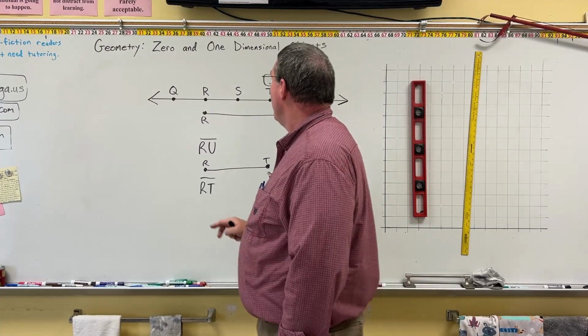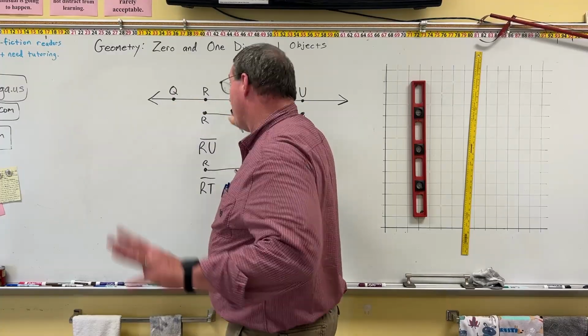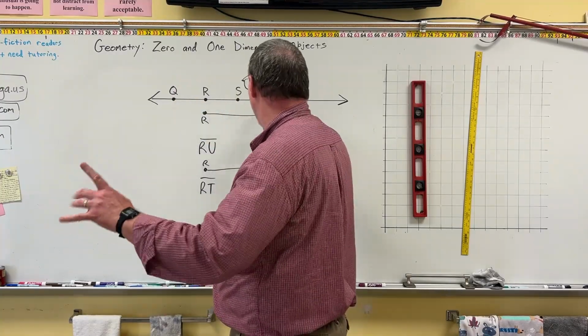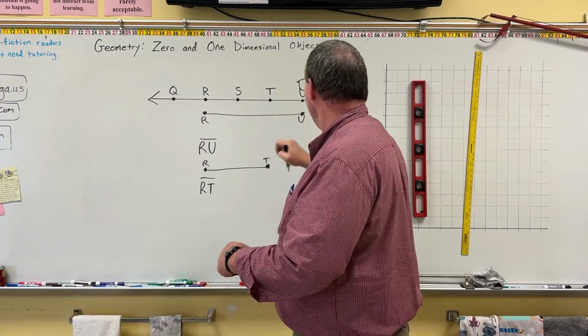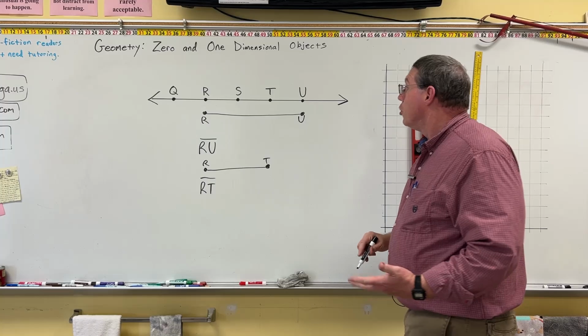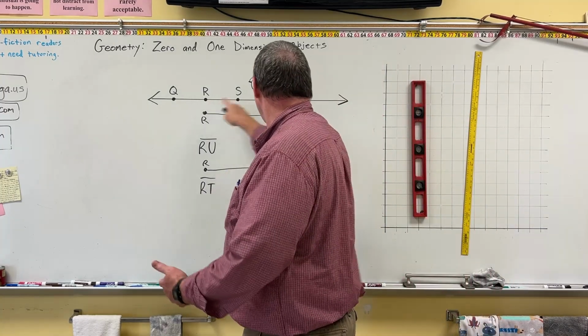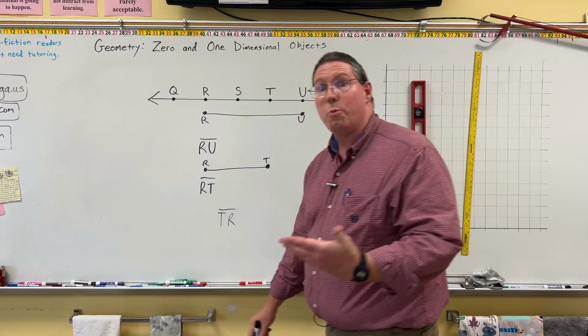So we could also identify line segment QR, a separate one QS, a separate one QT, QU, RS, RT, RU, ST, SU, and TU. Could we write this RT as line segment TR? Yes, we can.